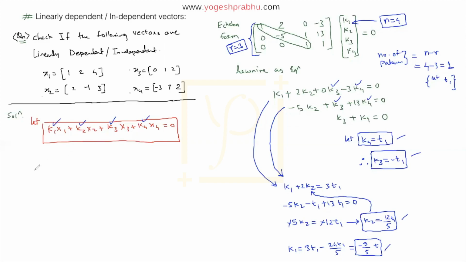As soon as I substitute them, I'll get minus 9 by 5 t1, that's the value of k1, x1, plus the k2 value, 12 by 5 t1, x2, and plus k3 is minus t1, so it's minus t1 x3, and k4 value is t1, plus t1 x4 is equal to 0. The unknowns we had were k1, k2, k3, k4, but then we solved and we got all those numbers here.